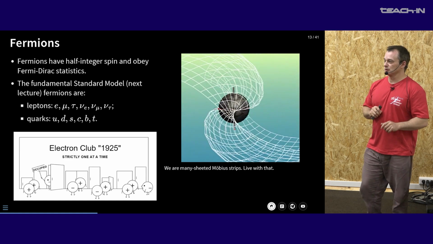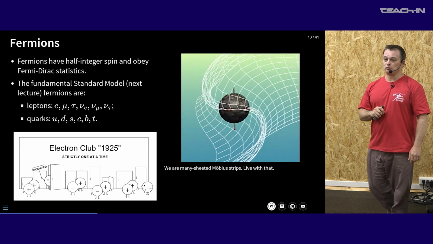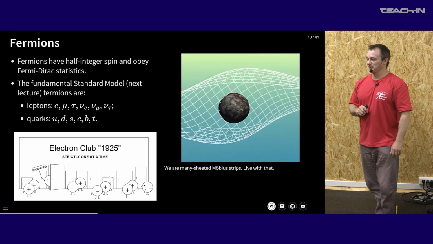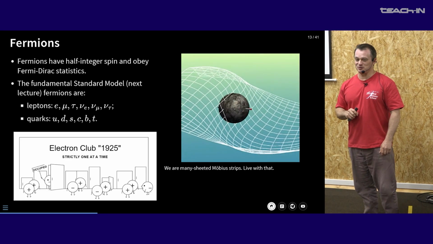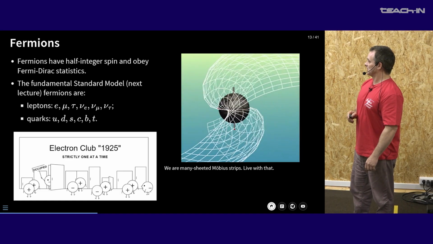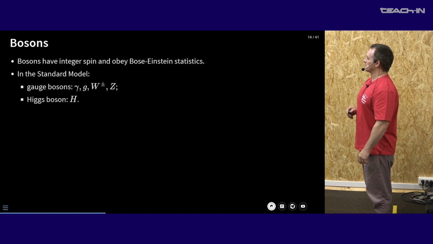I'm saying this not in a very accurate mathematical way. Therefore, we can say that we are all many-sheet Möbius strips inside, because we are all made of matter, which are fermions. So now live with that, Möbius strips.